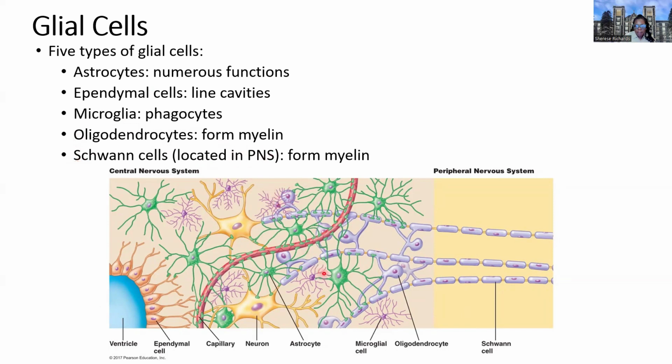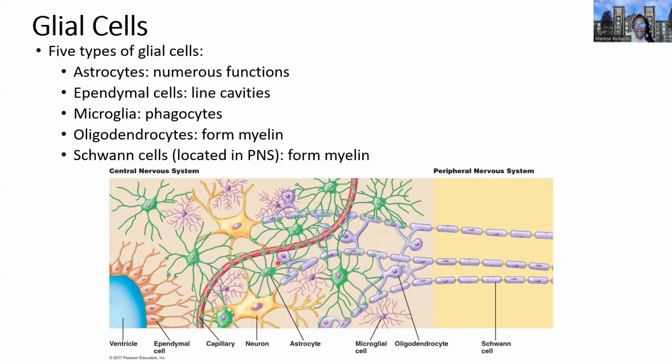Oligodendrocytes are cells that myelinate in the central nervous system. So here are a few oligodendrocytes, and you can see them extending their foot processes to make the myelin sheath that myelinates the axons of the neurons. This is how we have the nodes of Ranvier and saltatory conduction. That is because of the myelin that we've talked about.